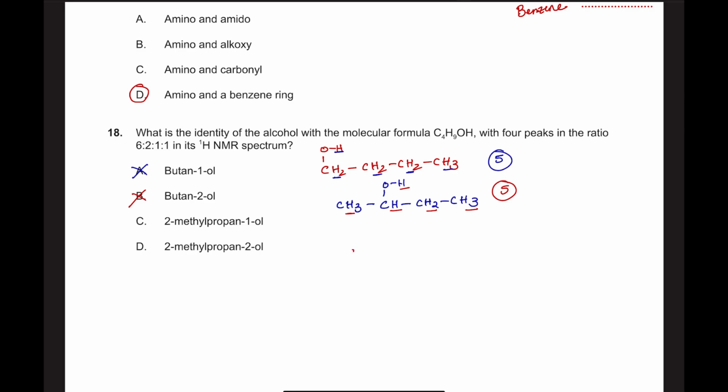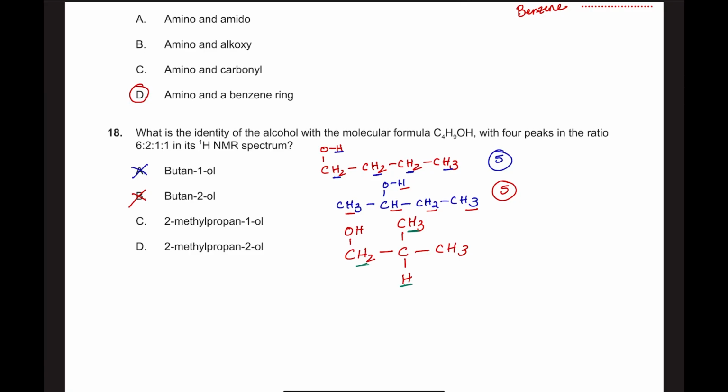2-methyl propan 1-ol. This is 1-ol. And you have 2 methyl groups here. This is propan 1-ol, right? Now these two CH3s are in the same hydrogen environment because they are connected to the same carbon, right?